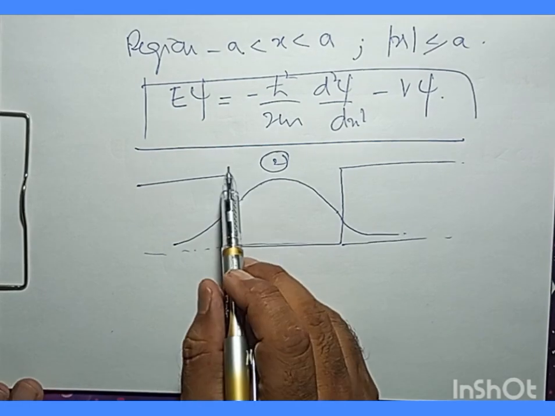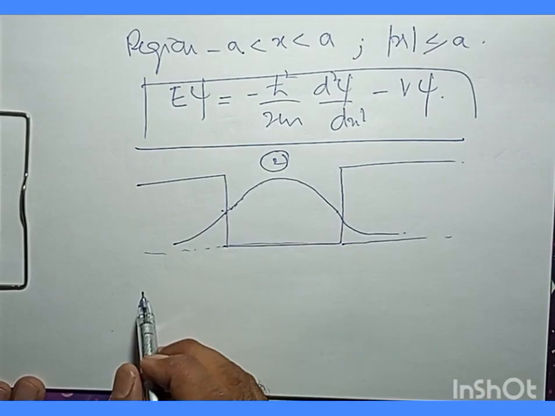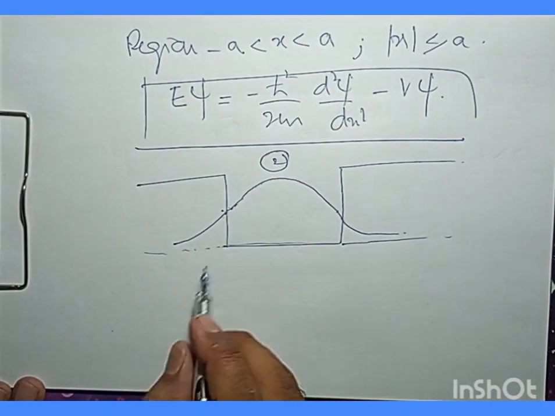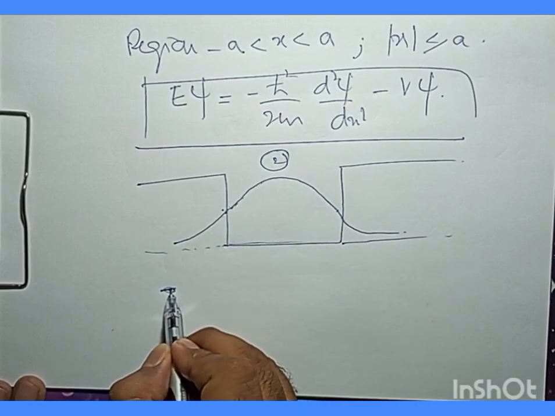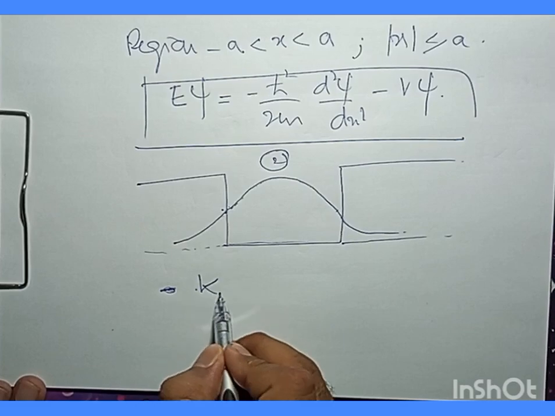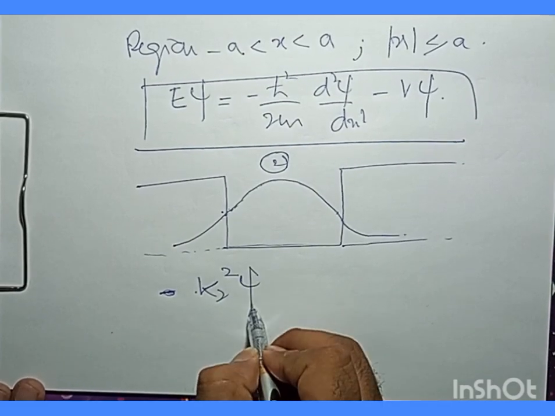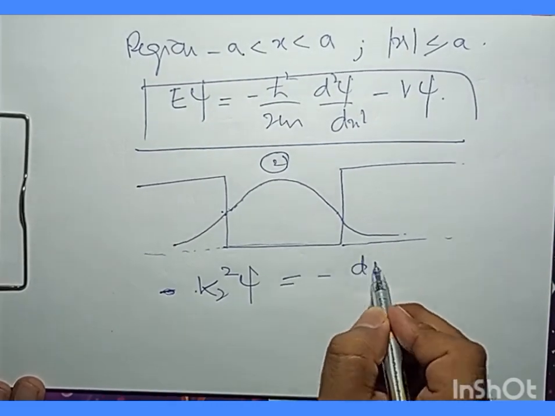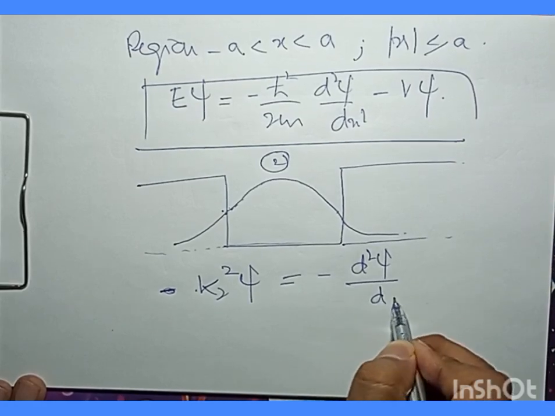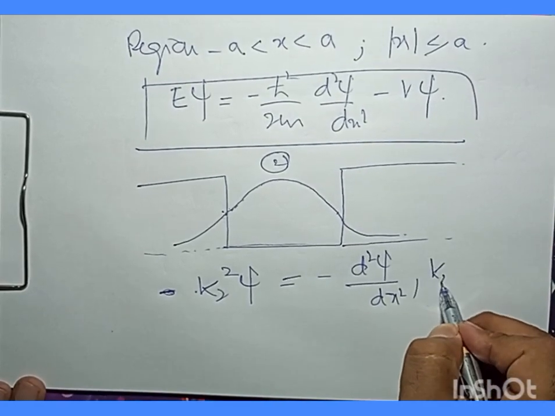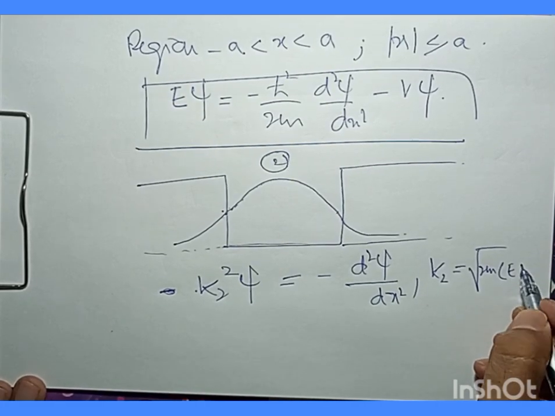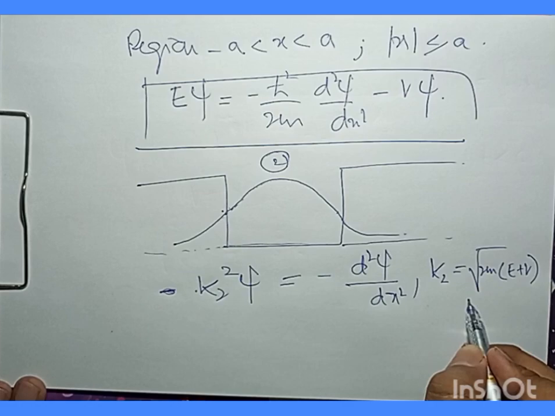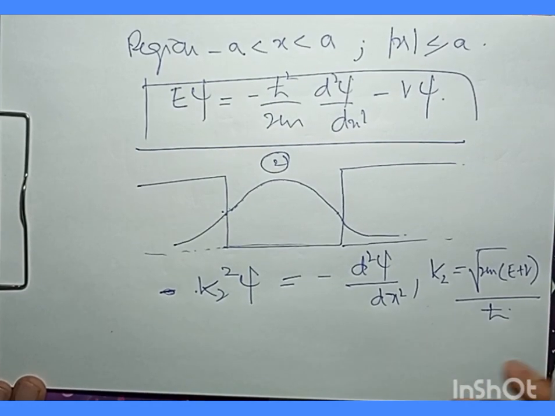To write down its solution, there we had chosen K1, so here I have K2. So K2 square of psi is minus d2 psi by dx2, where this K2 is under root of 2m (E plus V) divided by h cross.